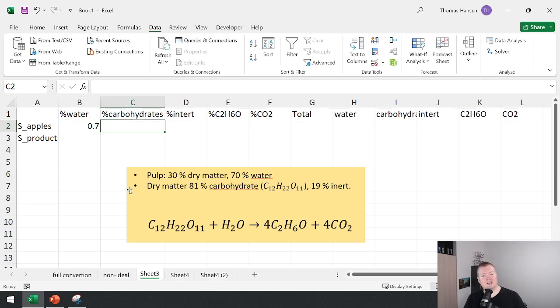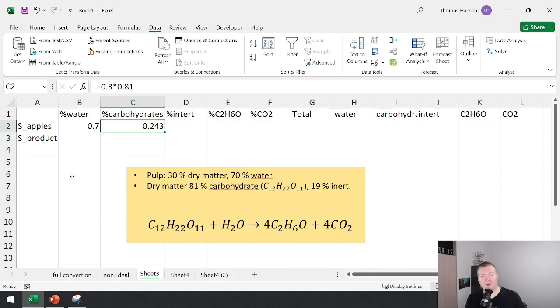Carbohydrates is a bit tricky because it's not 81% carbohydrates. It's 81% of the dry matter, which in itself is 30% of the total weight. The easiest way for me to enter that into Excel is that, instead of typing in the values, I say, okay, it's 30% times 81%.